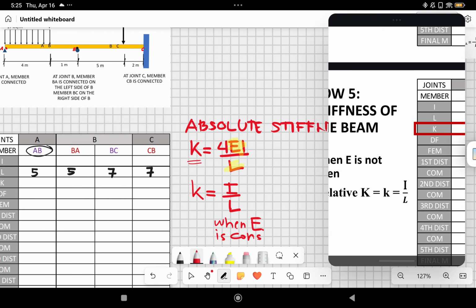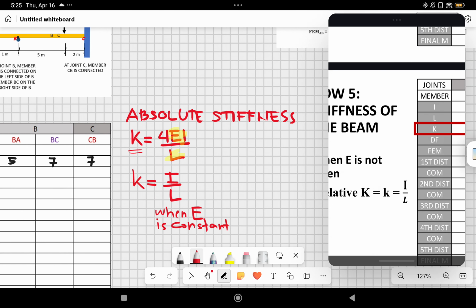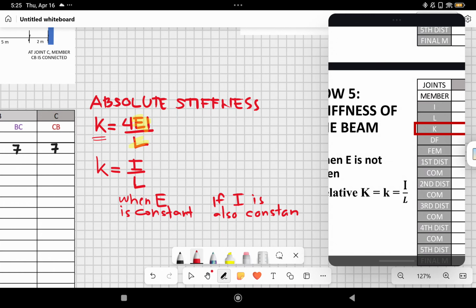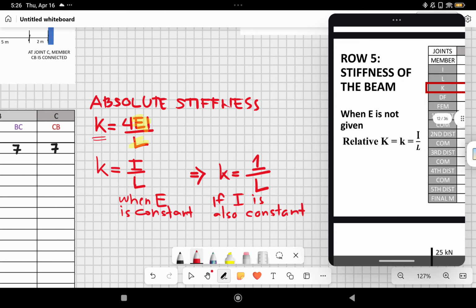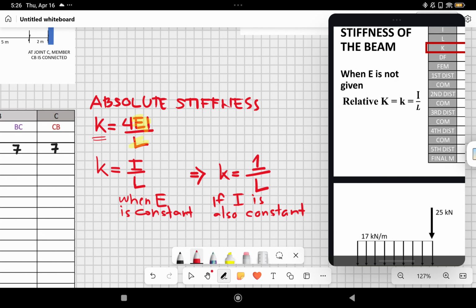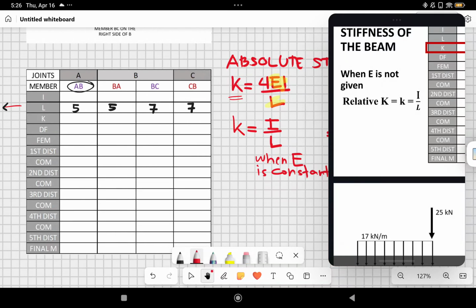Ibig sabihin same material. But if I is also constant, we can use a simpler form, which is 1 over L. Okay? Kasi magka-cancel din naman yung I sa computation natin.